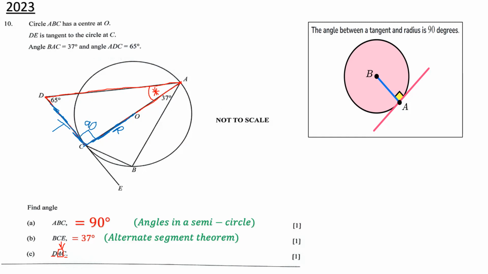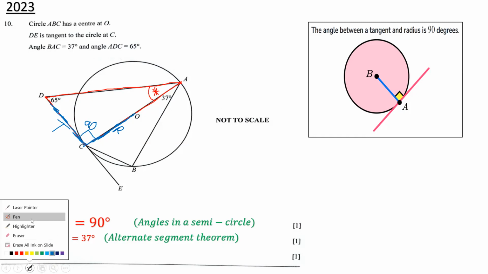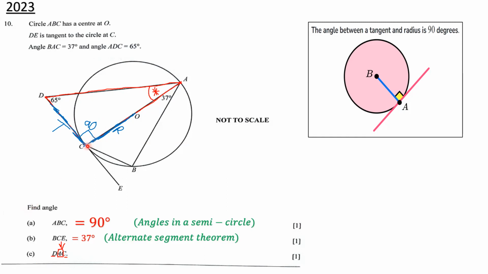What that means is that we now have two angles of the triangle. This right here is 90 degrees, and this right here is 65. We just need one more angle to finish up the triangle. Angles in a triangle add up to 180 degrees. So first we add 65 and 90, which is 155, and subtract that from 180.